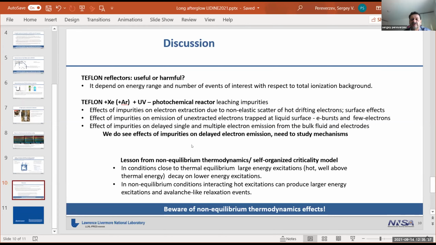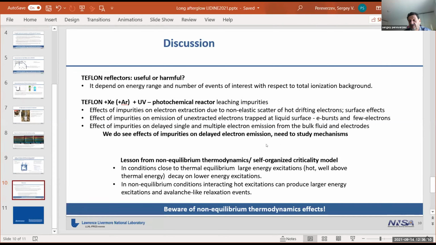It affects both e-bursts and emission of one or two electrons bound to the surface, although we don't yet understand what the mechanisms are. And of course, you should expect an effect on delayed electron emission in the bulk because you produce new impurities. So this part I cannot evaluate at present.